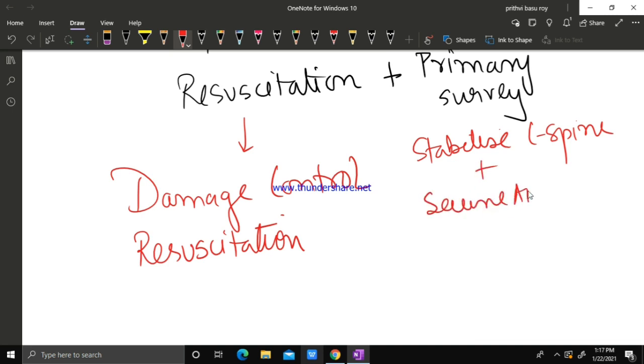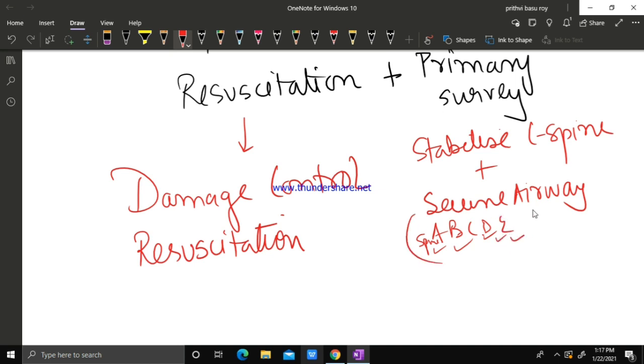This is the first thing you're going to do, definitely. Leave alone everything else. The primary survey is A, B, C, D, E: airway with spine stabilization, breathing, circulation, disability, and exposure and environment.